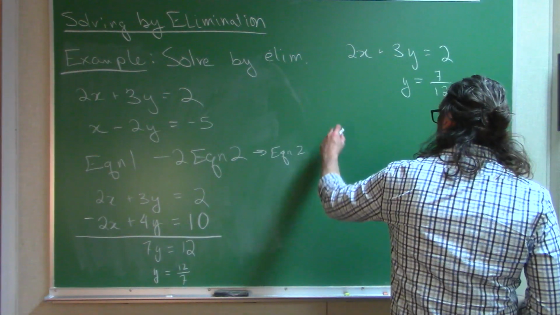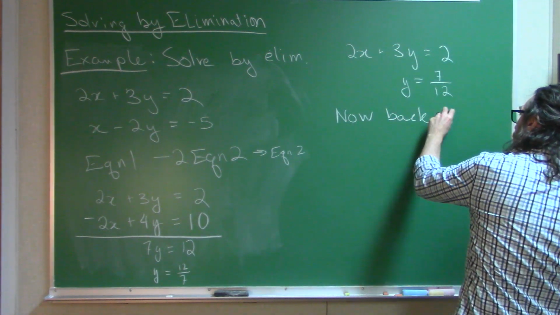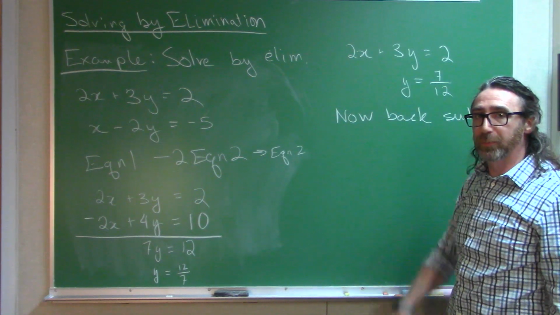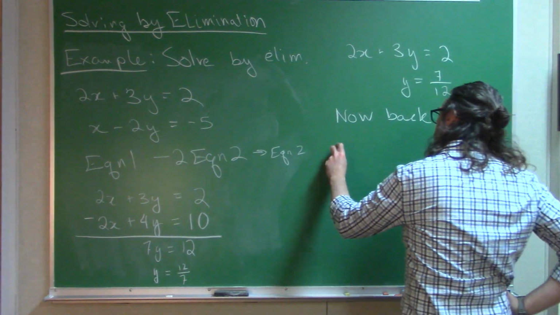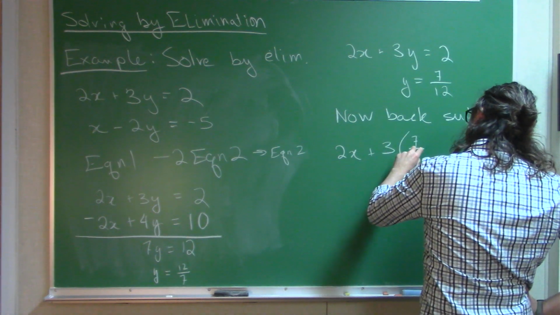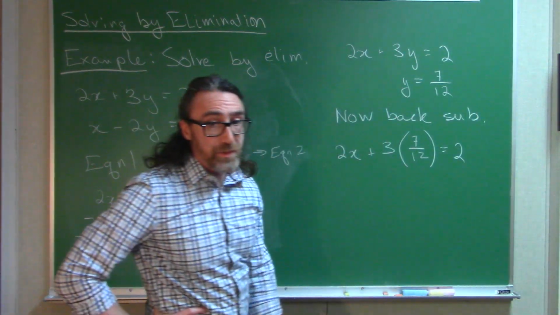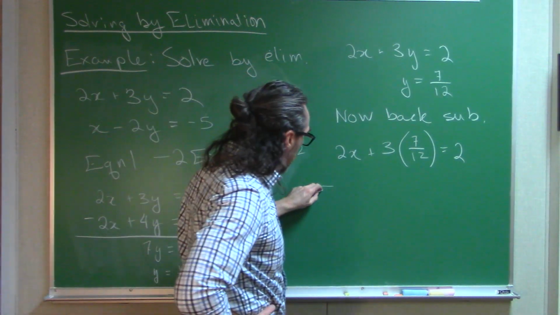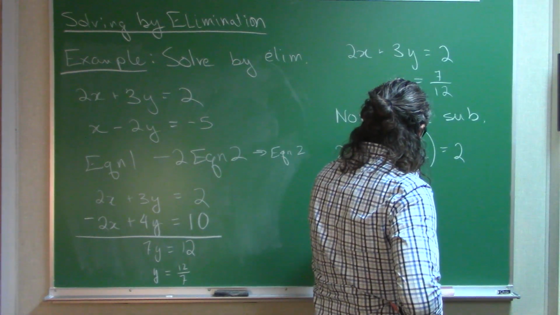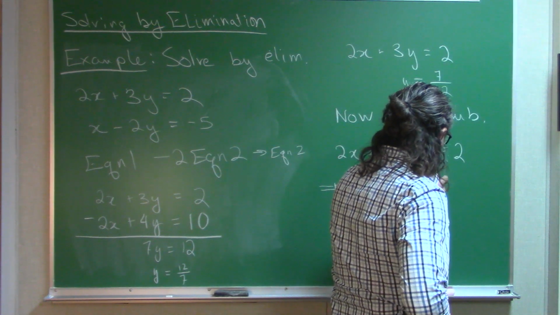Now, to find x, I'm going to use a process we call back substitution. I take this back up to the first equation, like such, and now I solve for x. So if this equation is true, that means 2x plus 7/4 equals 2, right?